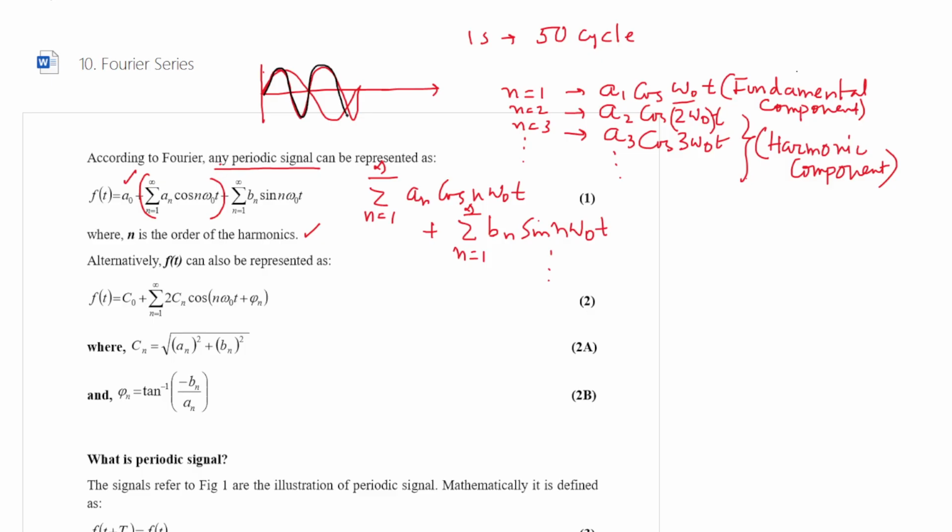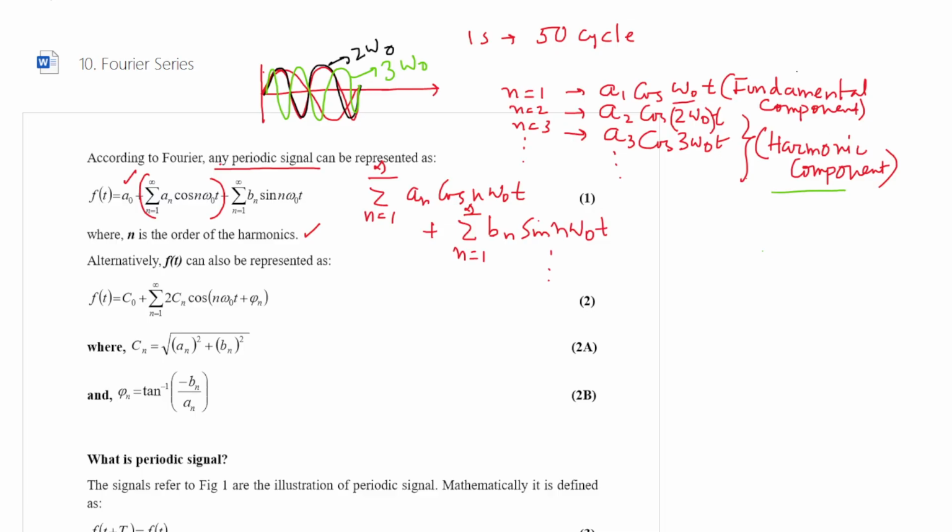That is called 2 omega naught. Now when it is 3 omega naught, within the same time span it should complete 3 cycles like this. They are all called harmonic components, right? They are called harmonics.